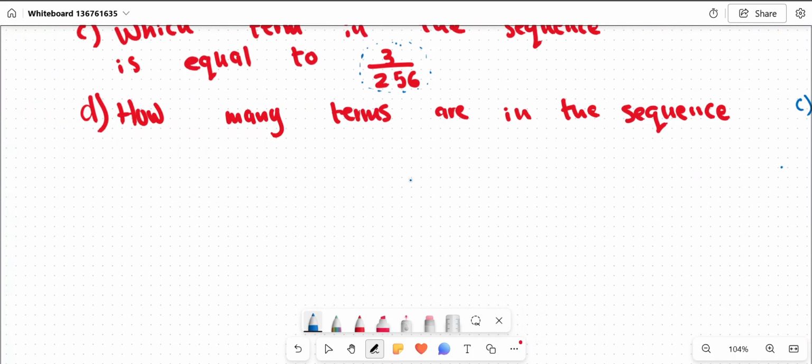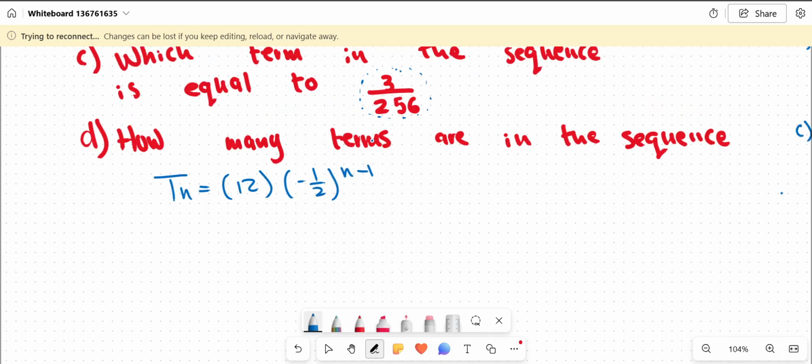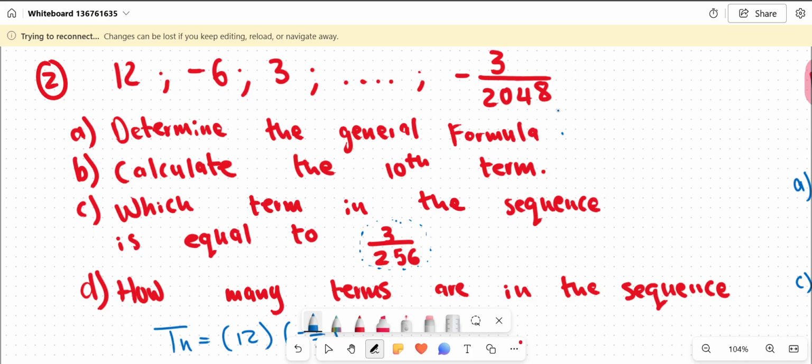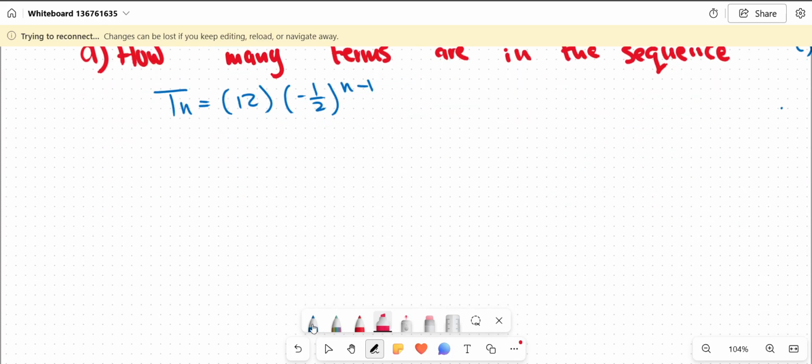The last question says, how many terms are in the pattern? Let's take the formula again. And this time we're going to substitute this last term, which is given in the question, as the Tn. So if you scroll to the bottom, what you will have is the negative 3 over 2048.